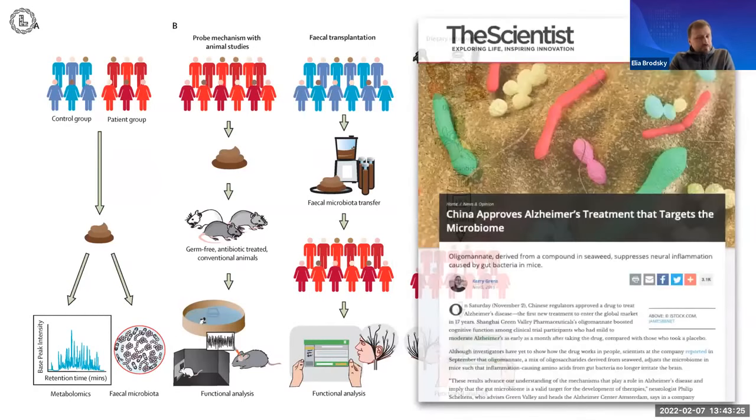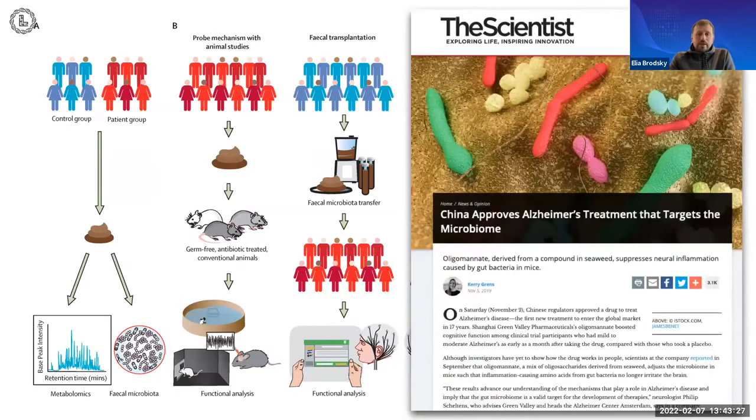They can become more and more complex in nature, and you will find that there is a great interest in trying to understand the functionality, the functional applications, and even develop treatment. For example, here you can see a treatment for Alzheimer's disease that targets the microbiome.